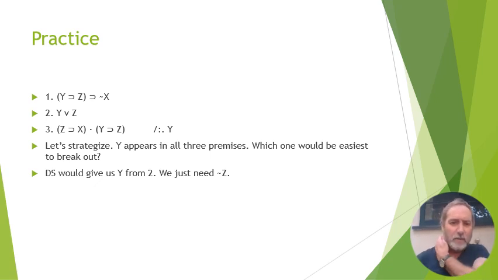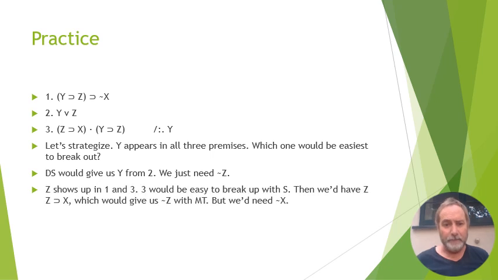If you wanted to strategize backwards, you could say, well, the easiest way to get Y on its own is probably from line 2, right? The other premises are kind of tied up with a bunch of stuff. So line 2 would be the easiest. You would need not Z on its own to do a DS, right? And Z shows up in both the other premises too, right? But we'd have to do some work. Maybe if we got X on its own, right?